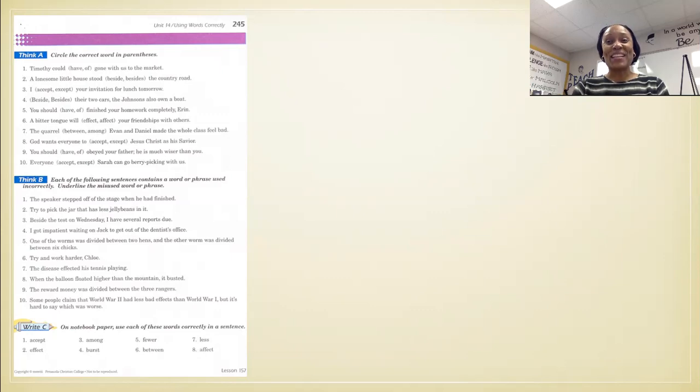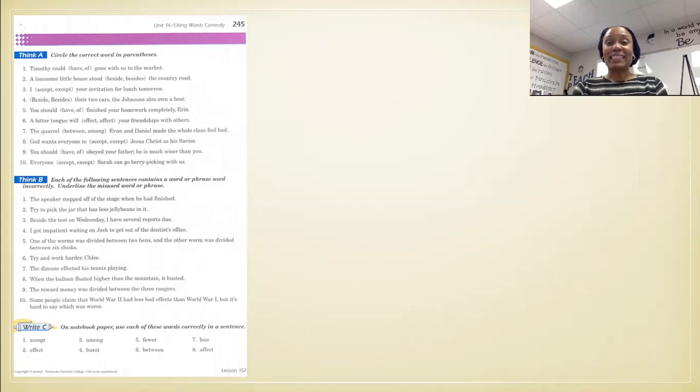Now, we covered this, and we would never combine off of, because we said that off in and of itself suffices. So we would underline off of. It should be the speaker stepped off the stage when he had finished. Very good. I'm glad you are understanding these concepts.